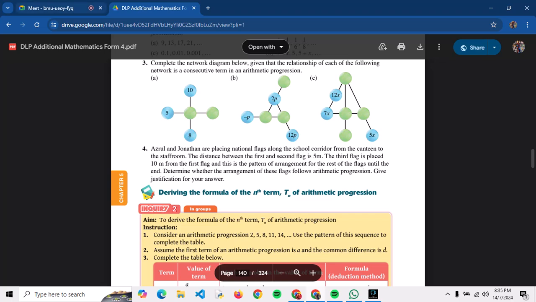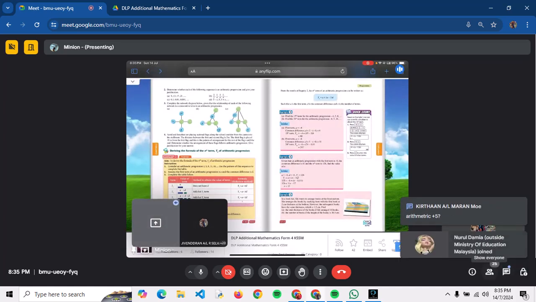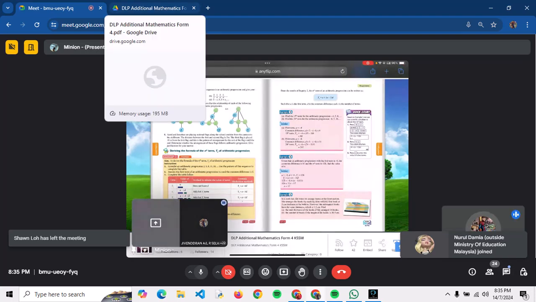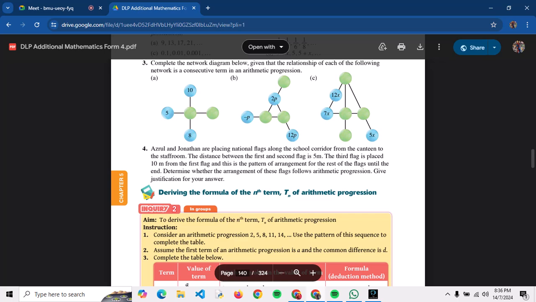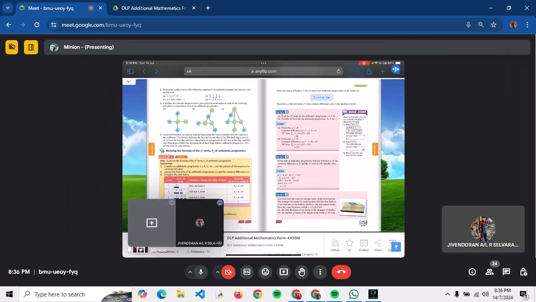Do you want to try the working? Or shall I show the working? Or does anyone want to try? They are giving the answer in the chat box. Arithmetic, plus 5. Yeah, correct, the answer is correct. Do you want the working?